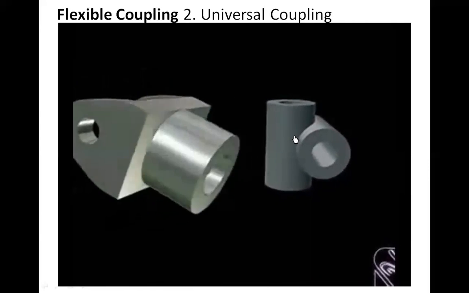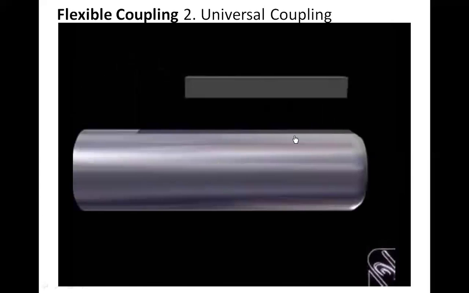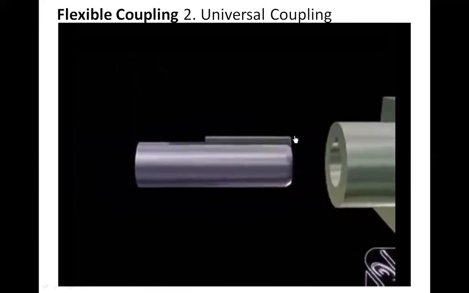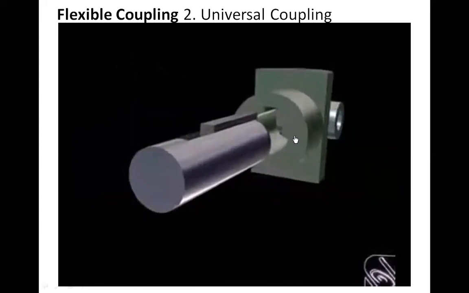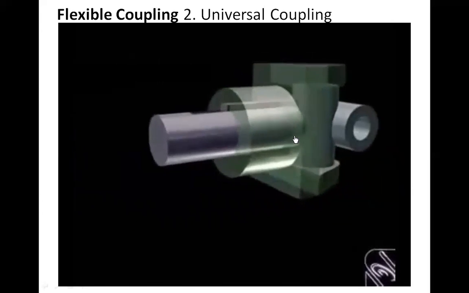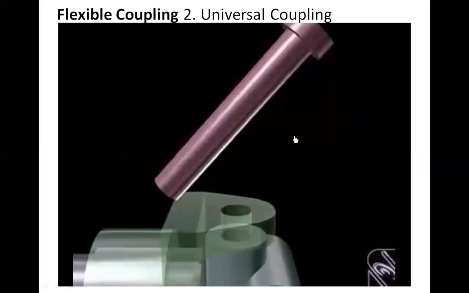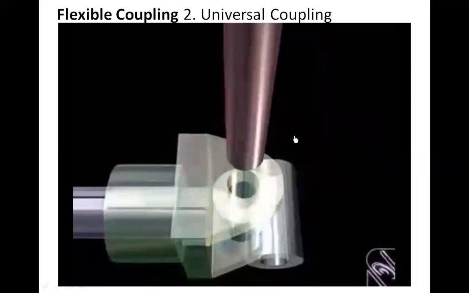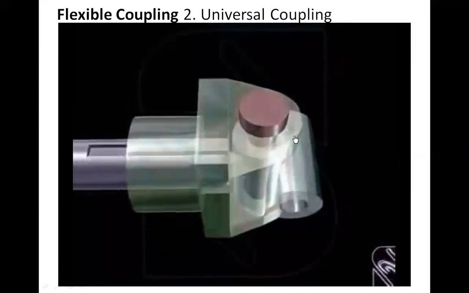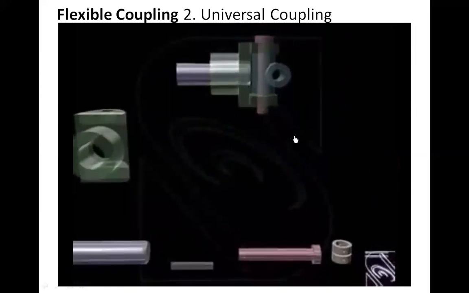First, the fork is assembled with the central block with the holes in alignment. The shaft and the key are now assembled to the hub. Then a cylindrical pin is driven through the aligned holes and fastened at the bottom using a collar and taper pin.